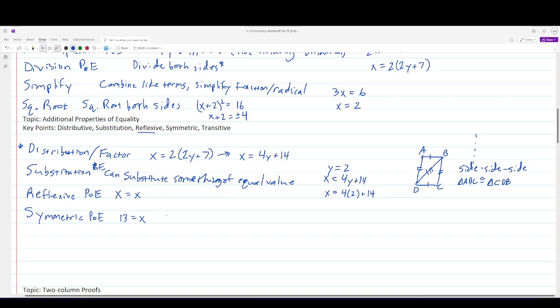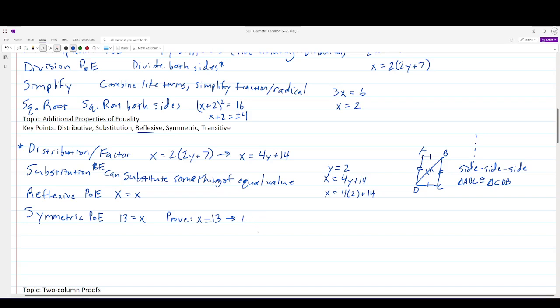But if your proof says to prove that x equals 13, then you have to have that exact statement as the last step of your proof. And the symmetric POE lets us switch the sides and say 13 is equal to x.